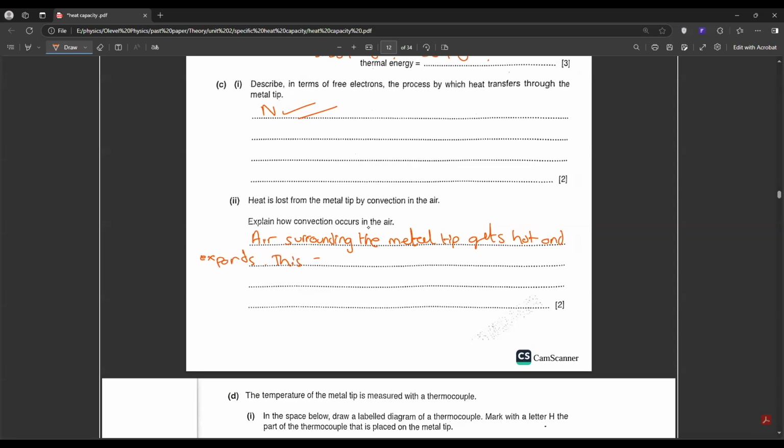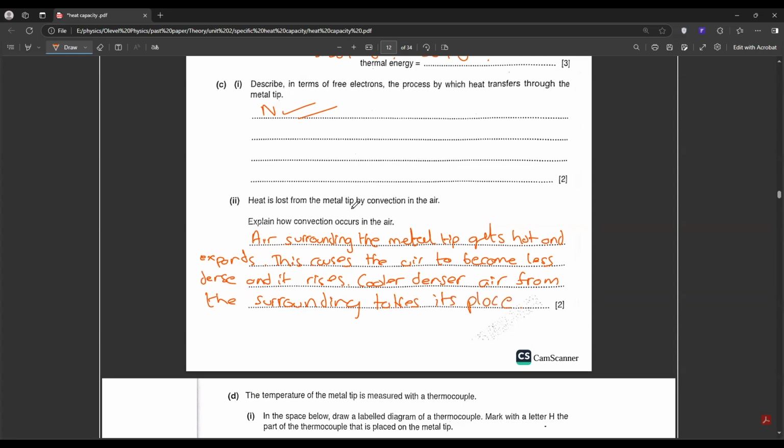This causes the air to become less dense, and it rises. Cooler, denser air from the surrounding takes its place. Simple. Let's move on to the next part.